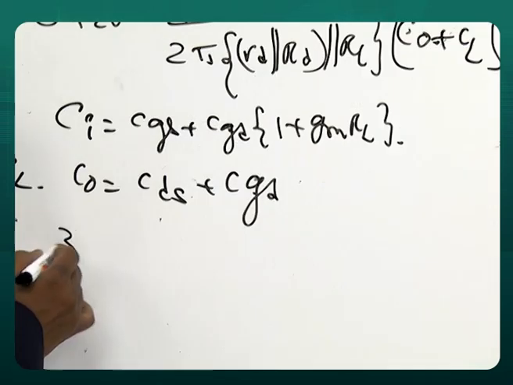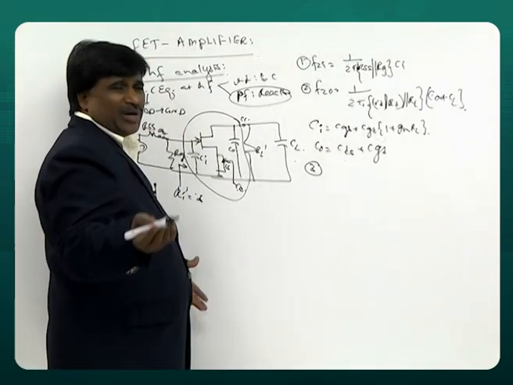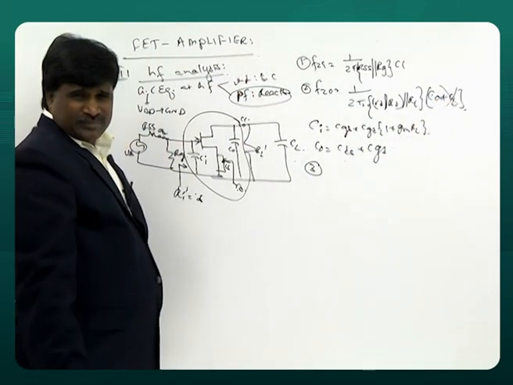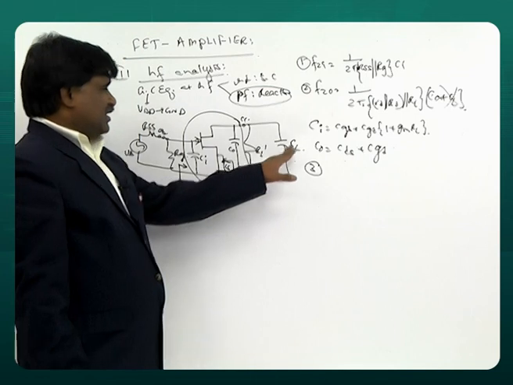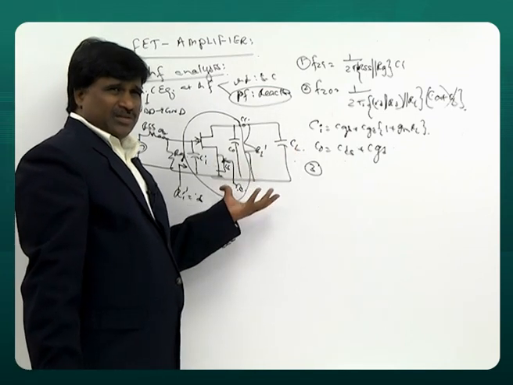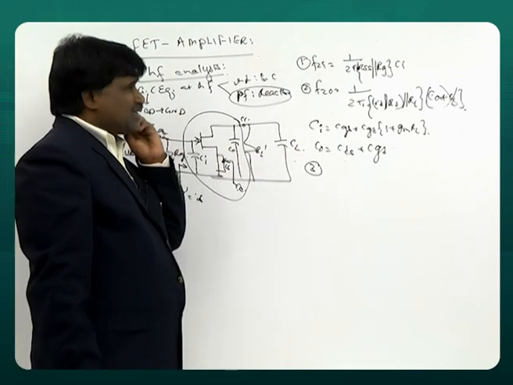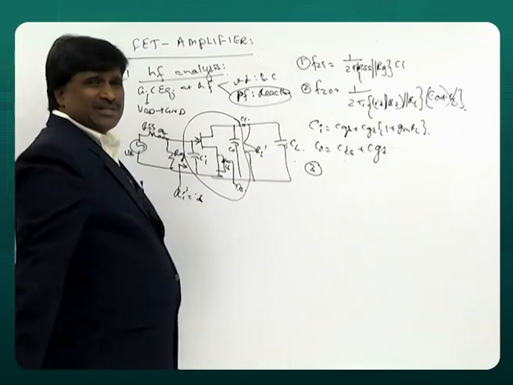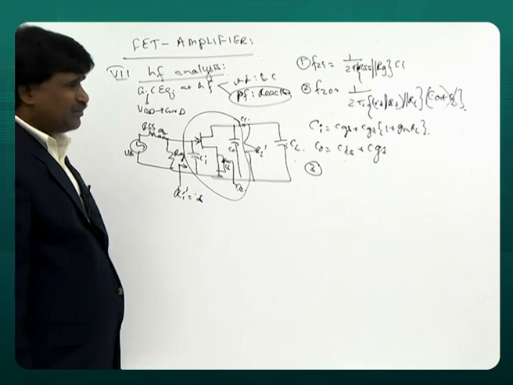Now, suppose in any problem it says CL is not there, just ignore it. If CL is there, consider that. And as you know, capacitors in parallel get added.